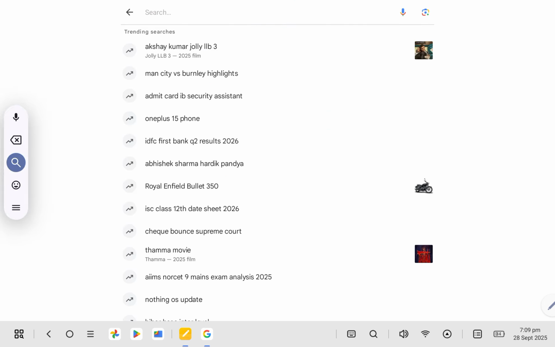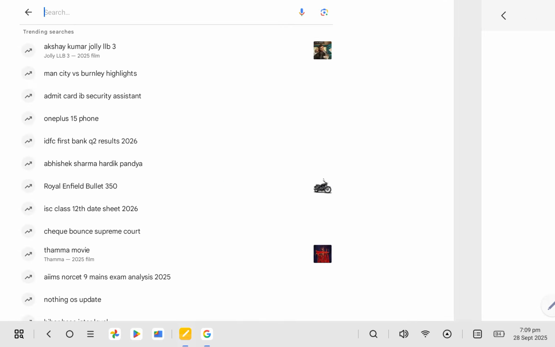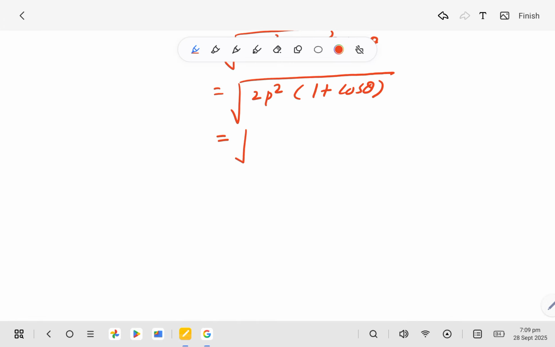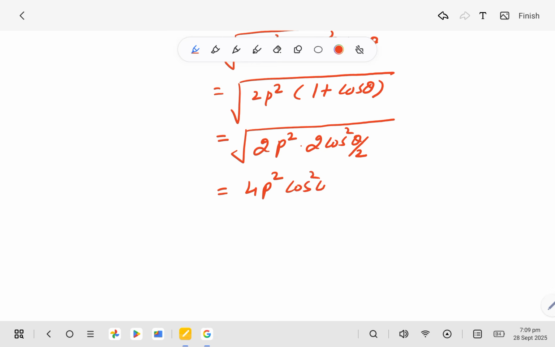Here, 1 plus cos theta equals 2 cos square theta by 2. So this is 4P square cos square theta by 2, or we will get R equals 2P cos theta by 2.